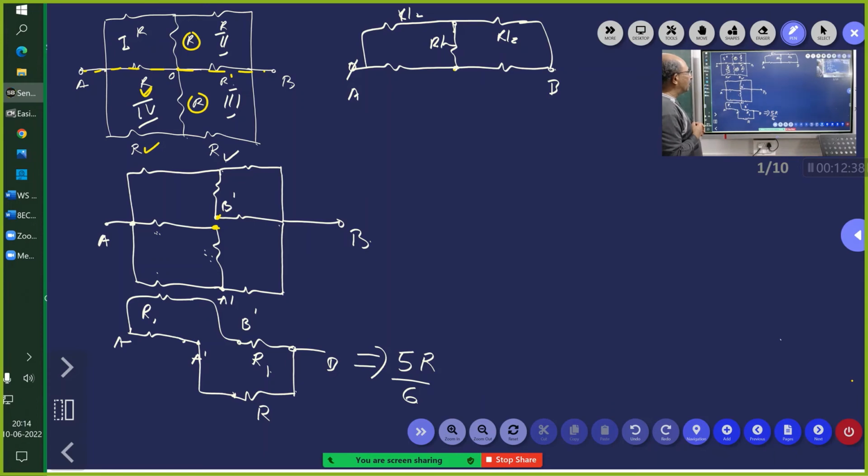We discussed yesterday, this is the common potential. Yes, but resistors are different between them. Resistors are same. Why are resistors different? Yes, it is same. Okay.